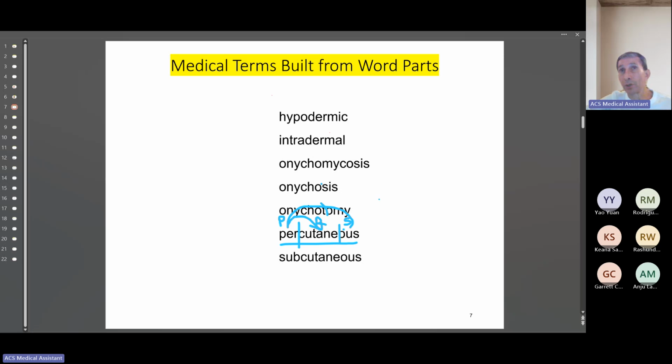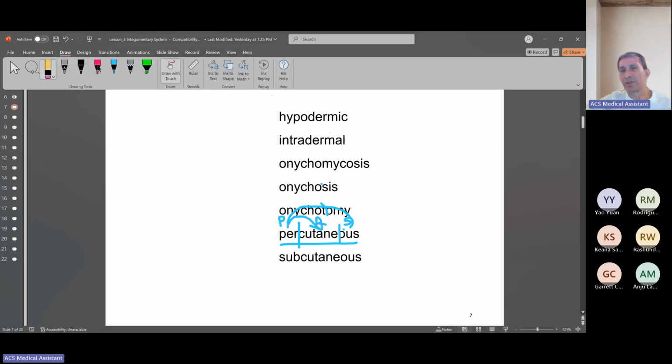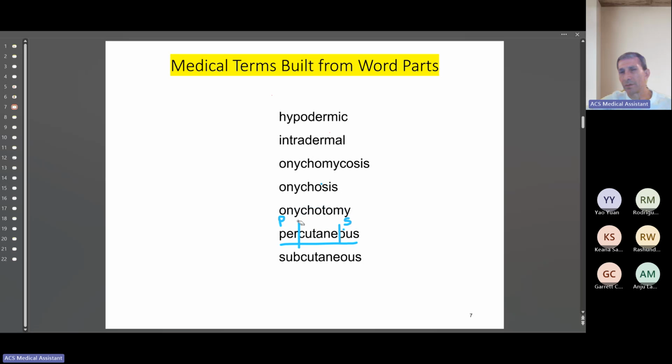So that means that we're doing something through the skin. We're going through the skin. So surgical procedures go through the skin, or through the muscle, or through the bone, depending on what we're talking about. That's called percutaneous.